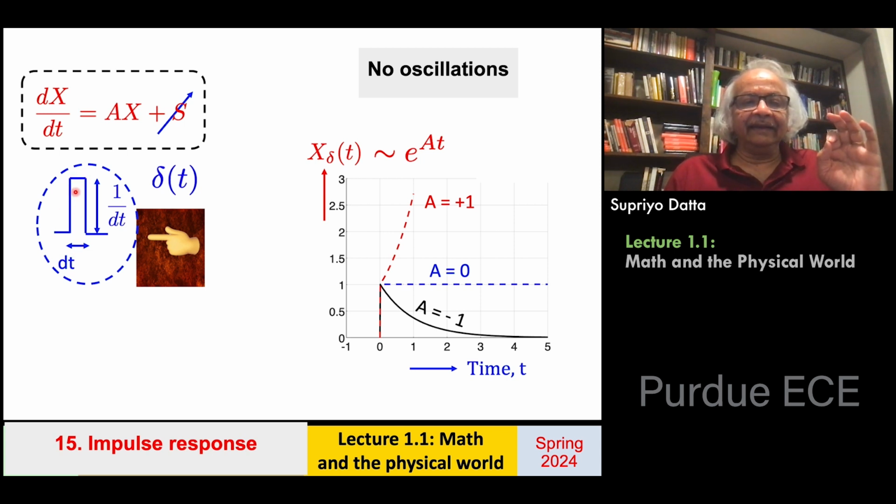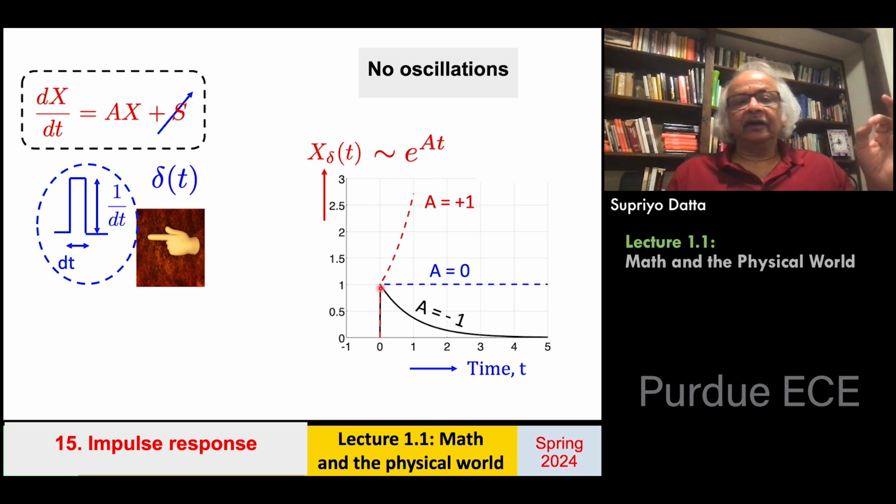And the area under this curve is 1. So if it is non-zero for a length of time dt, then the amplitude is 1 over dt. Now, if you do that, again, you can numerically look at the solution, and what you'll find is the solution looks like an exponential.